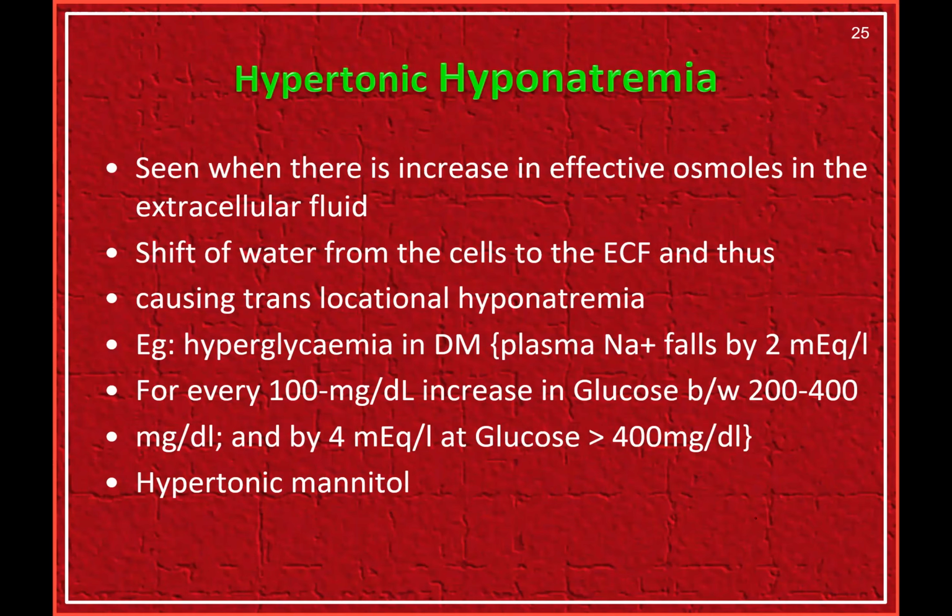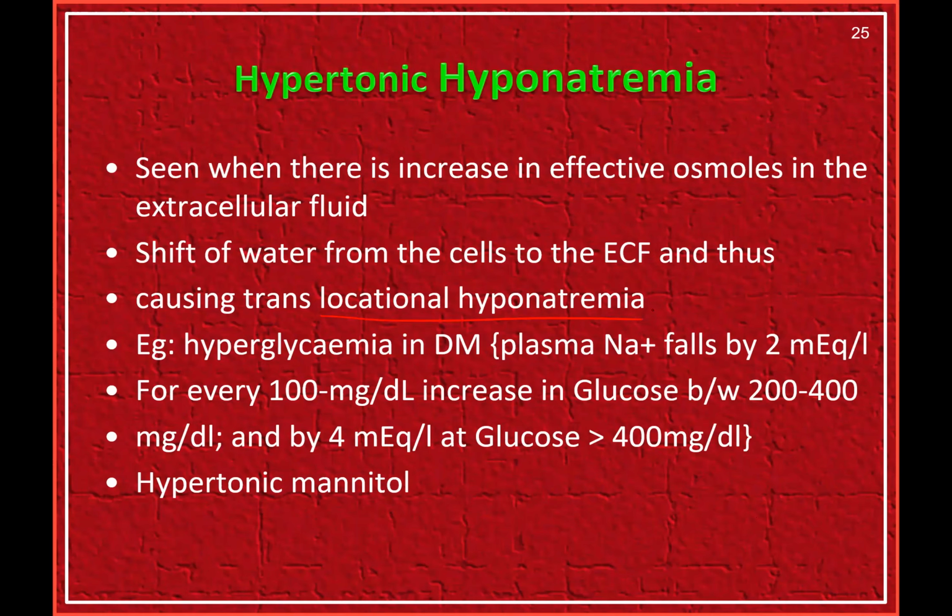That means effective osmoles are there in the extracellular fluid, and there is a shift of water from the cells into the vessel, and that produces what is called translocational hyponatremia. The fluid is translocated and then produces hyponatremia.